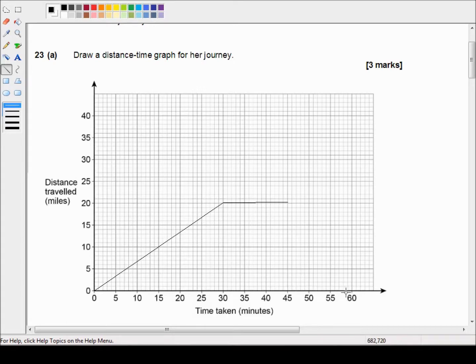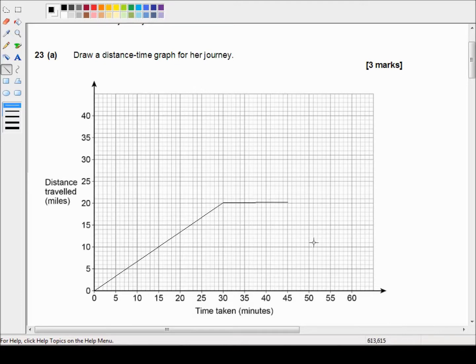So how much distance has she covered in that 15 minutes between 45 and 60? At 60 miles an hour, there's 60 minutes in an hour, so she's done 1 mile every minute. So 15 minutes is 15 miles at 60 miles an hour.